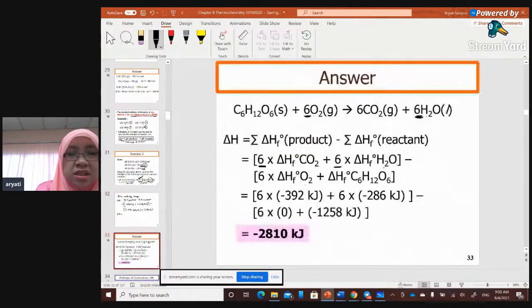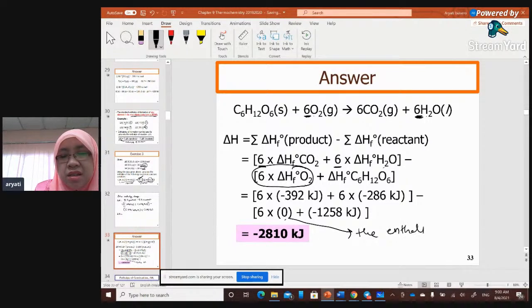So apa trik dia kat sini for oksigen? Okay, oksigen kenapa dia 0? Ini ialah untuk oksigen. Sebab oksigen, the enthalpy of formation untuk oksigen, kenapa ialah 0?